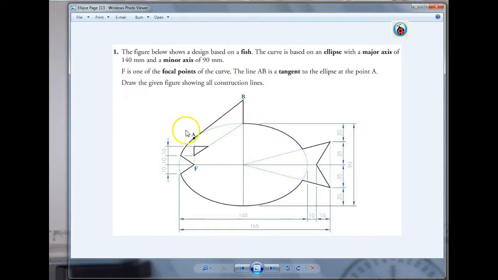So the first thing we must obviously do is just draw our simple ellipse. We have a major axis of 140 and a minor axis of 90. Using that information, we're going to draw our ellipse.